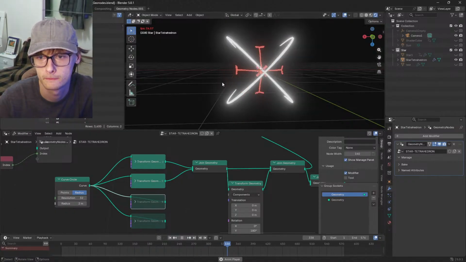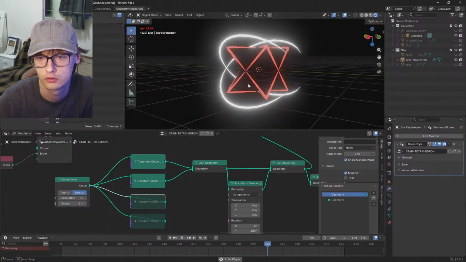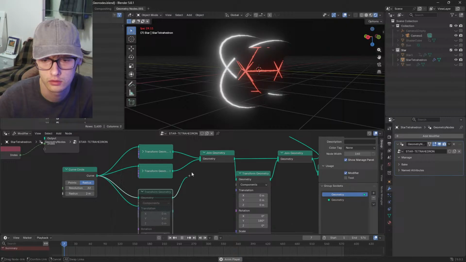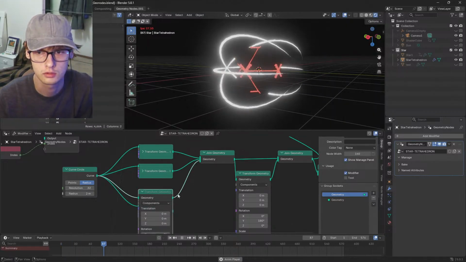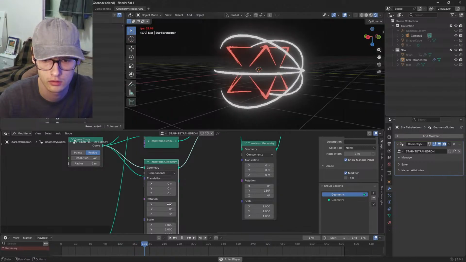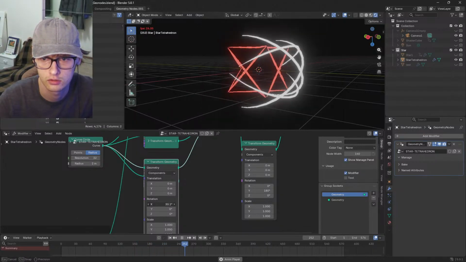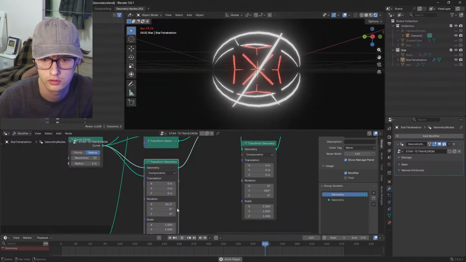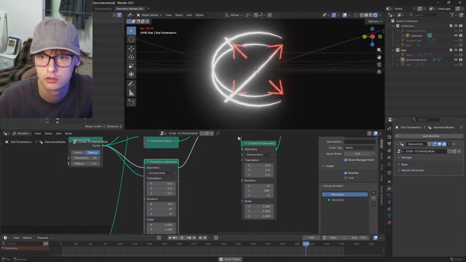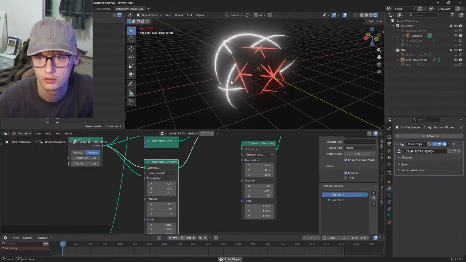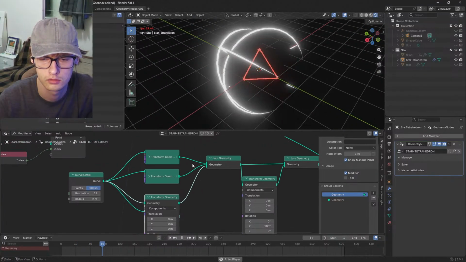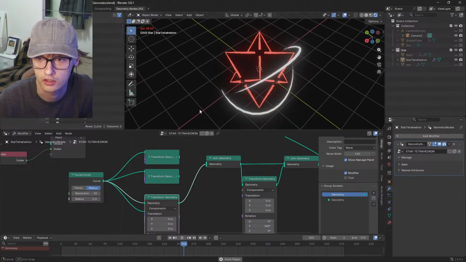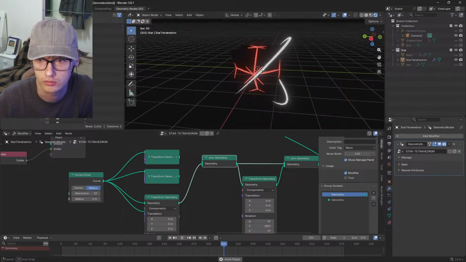Yeah. Cool. So this one is going to be rotated on the x-axis, I think. 45 degrees maybe. Yeah. How are there 2 already? And how are they offset from each other? That's pretty dope.